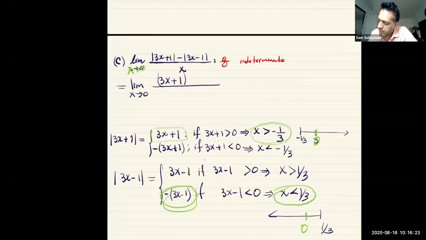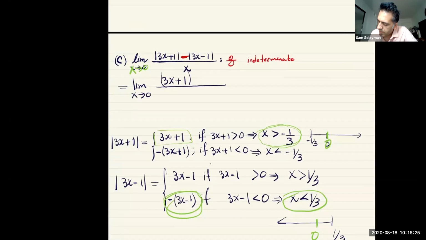So going back to the function, we found the first piece, minus the negative of. So we are taking this piece, negative of 3x minus 1. So that simplifies the top over x.